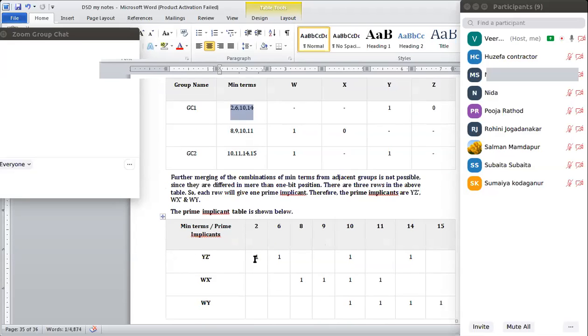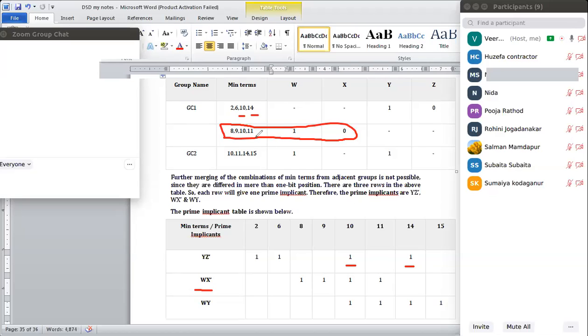So wherever 2 is there, I will write 1. Wherever 6 is there, I will write 1. And 10 is there, 1. 14 is there, 1. The second row is WX bar. This is the prime implicant WX bar.